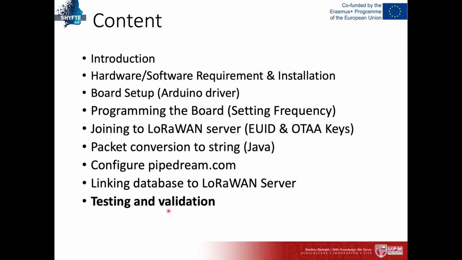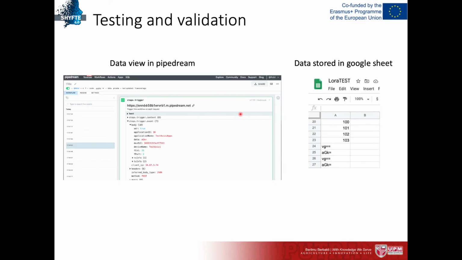Then we come to the last part of the module, which is testing and validation. During this stage, we want to make sure that the data from the sensor was successfully received and stored in the database. So these are the data views in Pipedream.